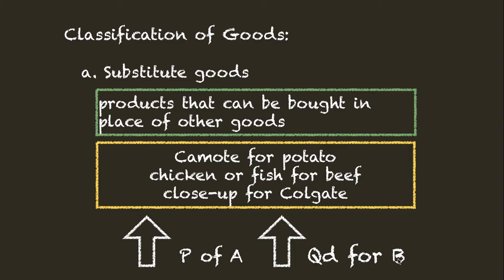Or say prices of beef would shoot up. Tendency of people is to prefer or buy fish or chicken to substitute for beef. Or say in terms of toothpaste, if Colgate's price will go up, people would normally choose other products like Close Up, Pepsodent, Crest, etc.